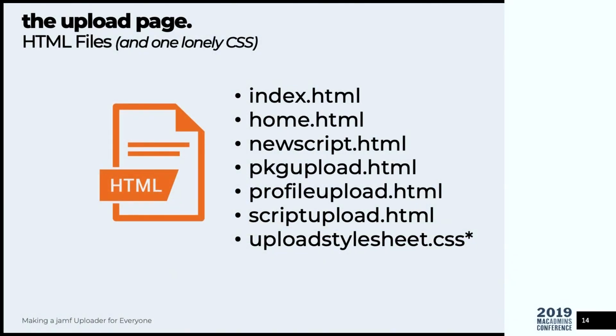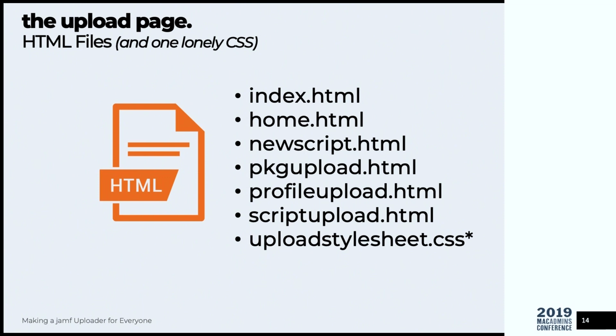To start, we can split everything up into 3 sections: HTML pages, PHP pages, and XML files. And on this slide, we have the HTML pages. At the bottom of the list, we also have the lonely CSS file that is used to give the upload page some style.